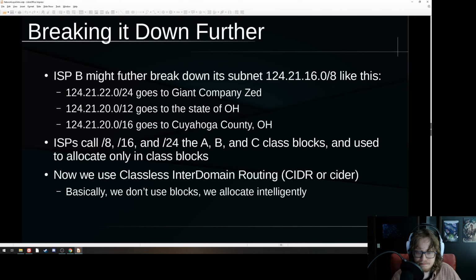So they need a fair amount of addresses, thousands, so they get a /24 in that branch there. Anything that starts with 124.20.0.0/12, that goes to the whole state of Ohio. All right, so big place, state of Ohio. So they get a whole /12 branch.